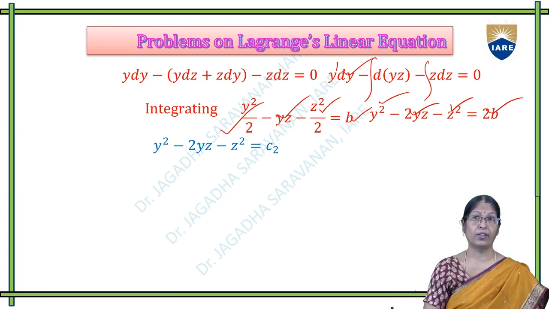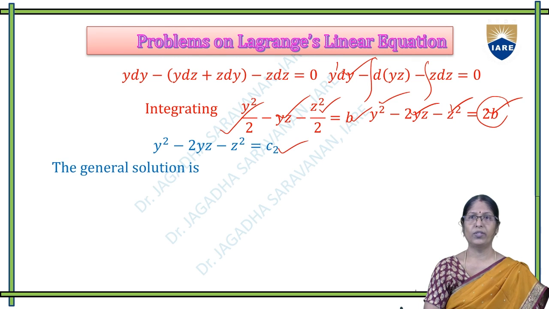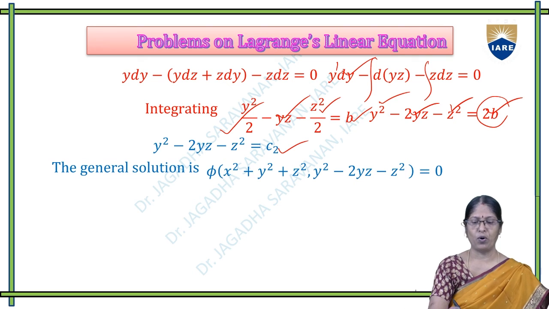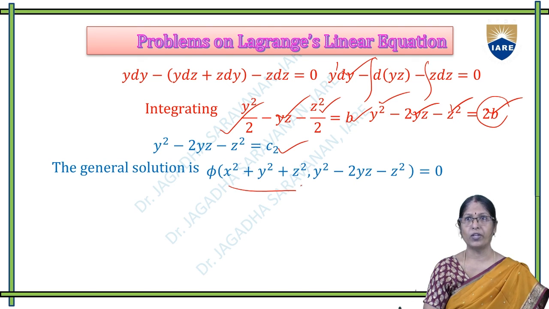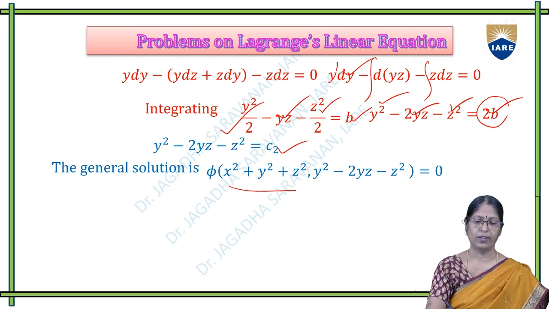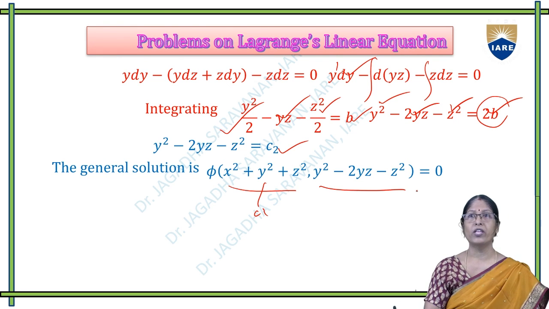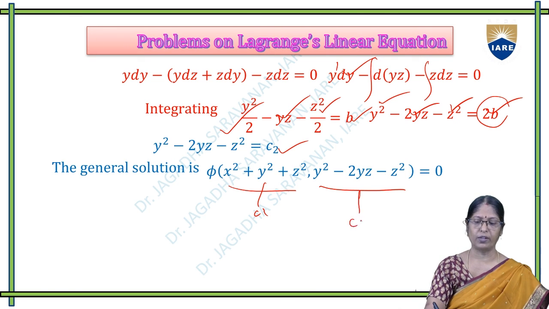Already we obtained a result, C1, equal to the solution. Now we want the format of the solution equal to C2. Mathematically, this constant we obtained, 2b, we can write it as C2. It is correct. So the general solution is phi of x square plus y square plus z square, that is C1, and y square minus 2yz minus z square, which is equal to 0. This is nothing but our C2.